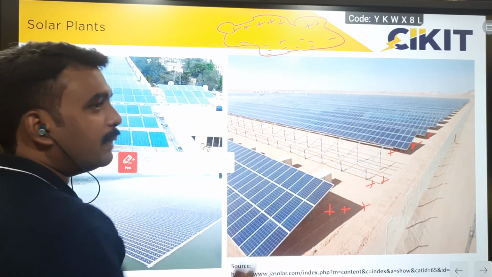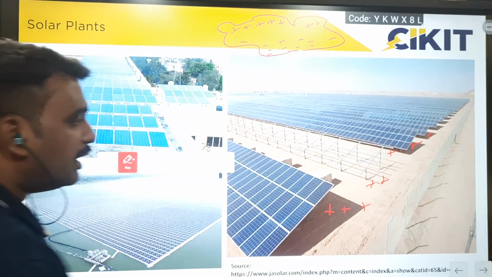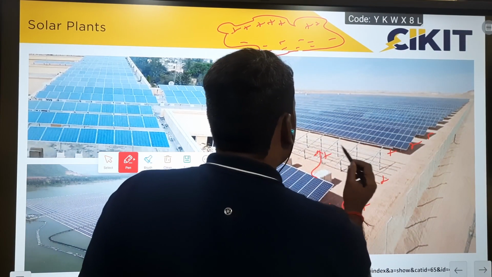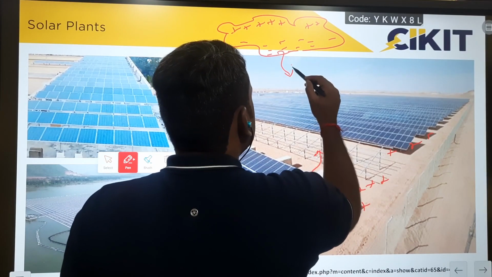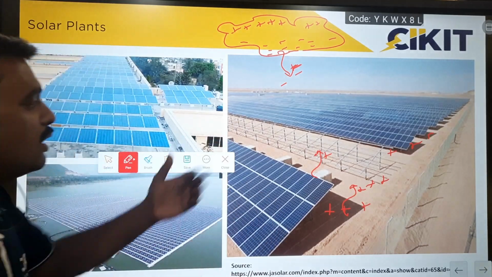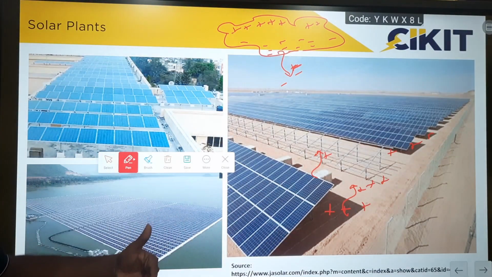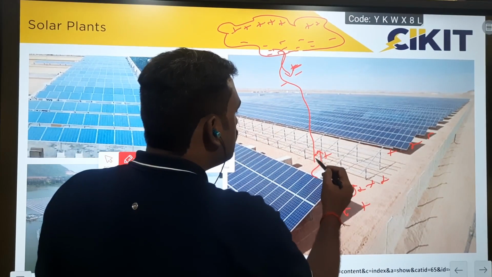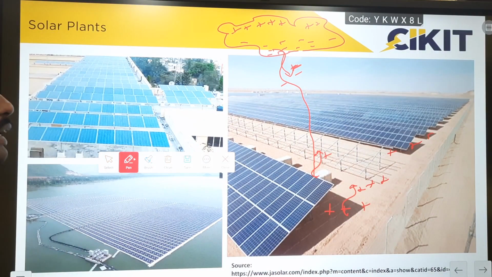In this case, these metallic frames are also connected to the ground, and the metallic structures will also be sending the positive charge, discharging towards the cloud. So since all these structures are connected to the ground and are sending positive charges, the probability of lightning discharging through the panel body will be much higher.